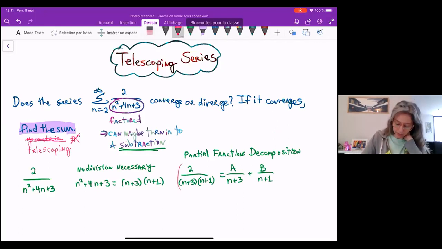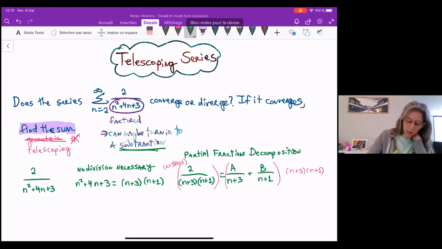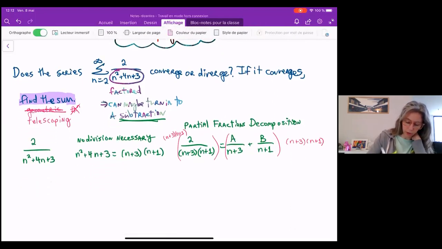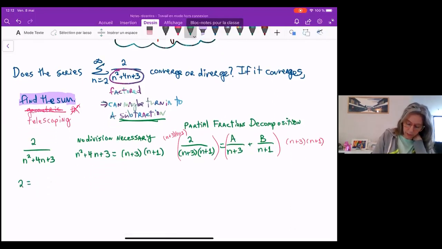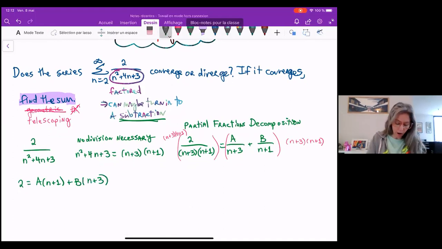Now we take both sides of this and multiply by the original denominator, so that we can now solve for the numerators. We end up with 2 is equal to A times n plus 1 plus B times n plus 3. Now my zeros of the denominator are going to be n is equal to -3.